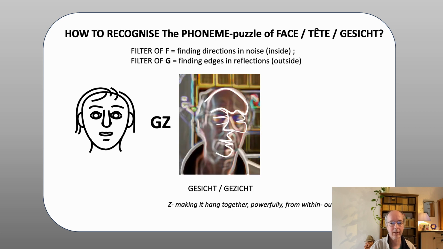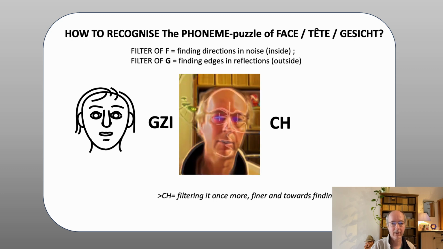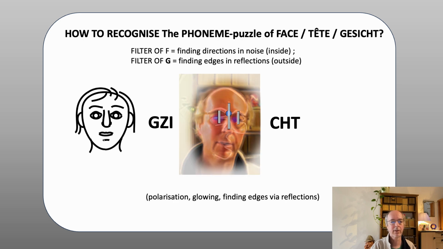The second letter is the Z, which is like the S a little bit. It is trying to find the hanging together results in there, as much hanging together as possible, and then again filters back inwardly to more detail, so that we have there a usable object in the filtering process.